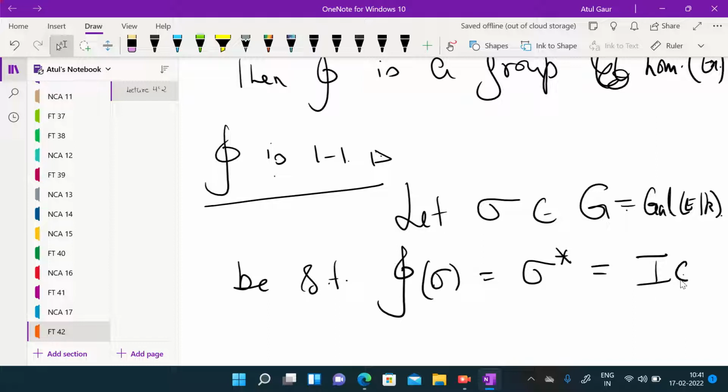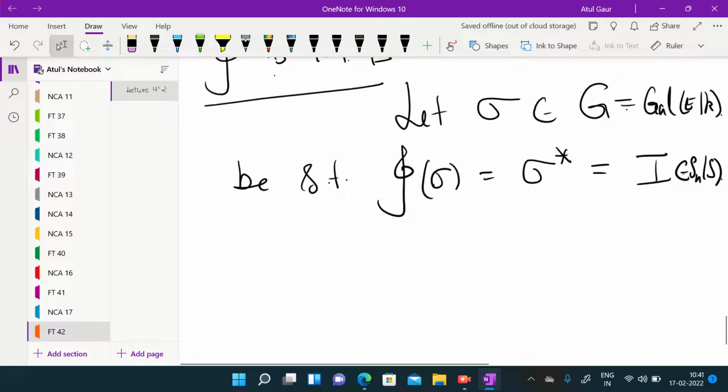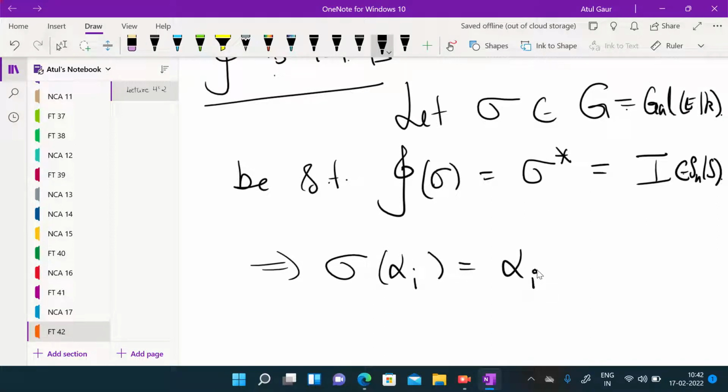Identity permutation on the roots, SNS में. Identity permutation, that means sigma का जो restriction है root set पे, that is the identity map on the root set. So this simply means sigma alpha i exactly equals alpha i for all i equals 1 to n.